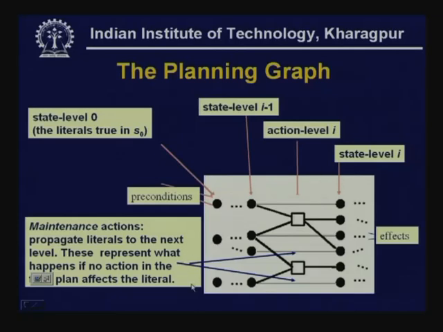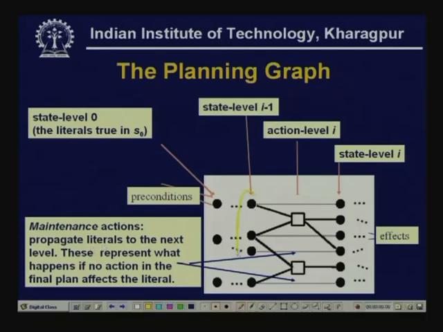So, in the planning graph, suppose this is the state level i minus 1, which consists of the propositions Pi minus 1, and suppose we have the state level i consisting of the literals Pi, and this is the action level i. Now, this is state level 0. These are the propositions which hold in the initial state which are known to us.